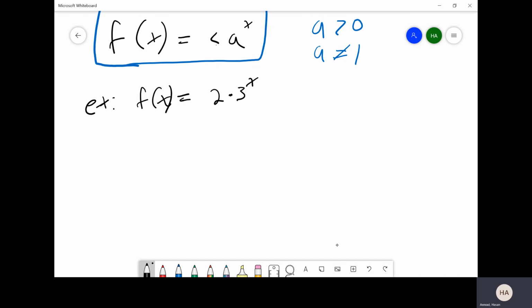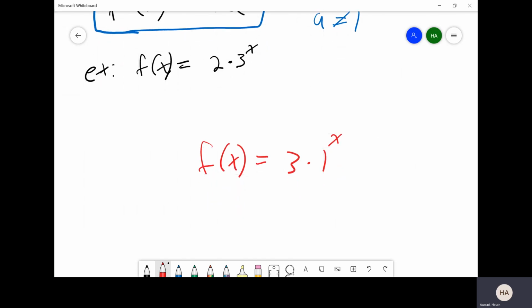For example, if we had, and I should write this in red, f of x is equal to, let's say, 3 times 1 to the x, well, once again, it doesn't matter what x is, because 1 to the x just simplifies down to just be 1, regardless of what the exponent is, right? Even if the exponent is 0, 1 to the 0 is still just 1.